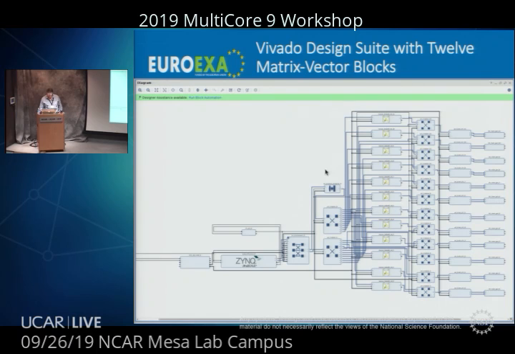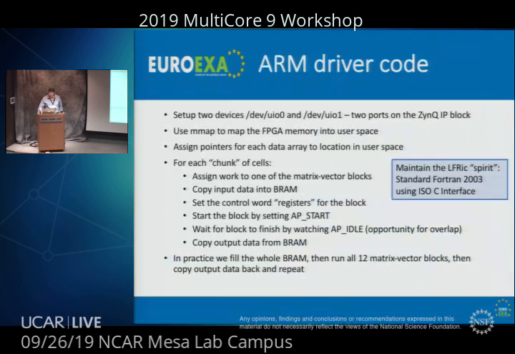That's a protocol converter. And then there are 12 blocks here which are BRAM, block random access memory, which is like a fast cache. It's memory, but it's still on the FPGA. And I've got 12 of those, so I've got a block of memory for each matrix vector block.